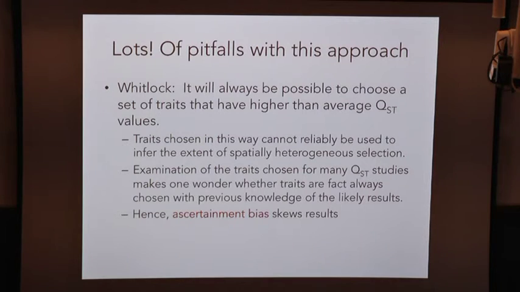And furthermore, I think he correctly argues that, and this is a direct quote from him, it makes one wonder whether traits are in fact always chosen with the knowledge that they're excessive. So if you're an ecologist, you go in and you see a bunch of excessive traits, you do QST, lo and behold, wow, they're excessive. By choosing excessive traits beforehand, we've already ensured they're going to be excessive. So the issue here is I'm not at all a big fan of QST. I think there are problems on many different levels. You can do it correctly.